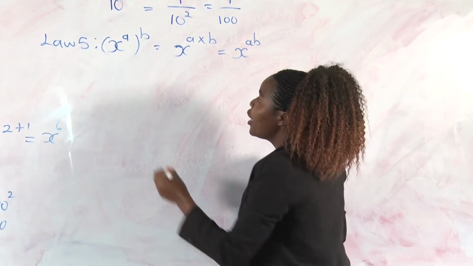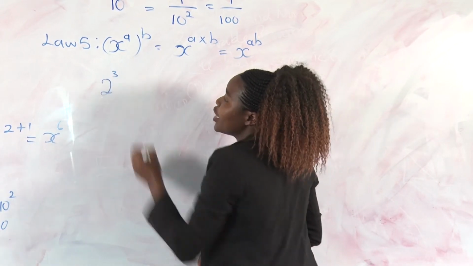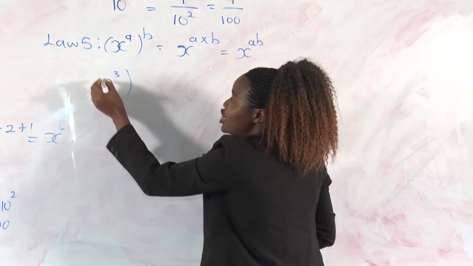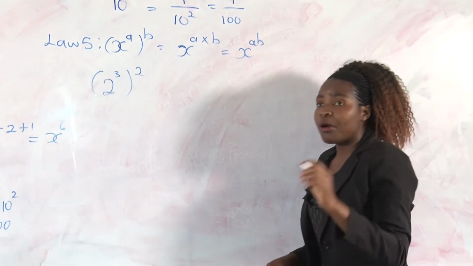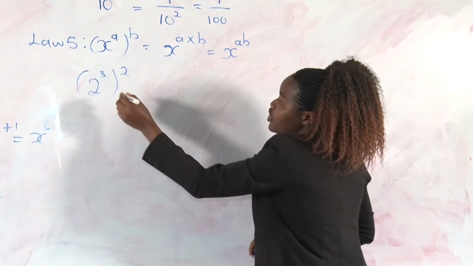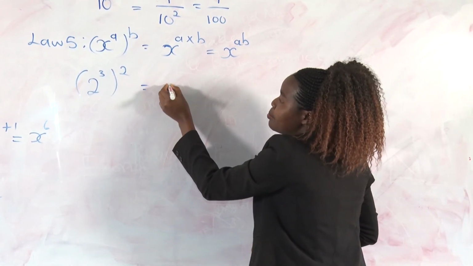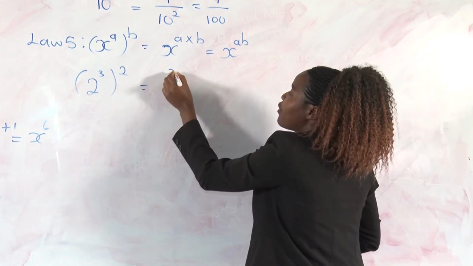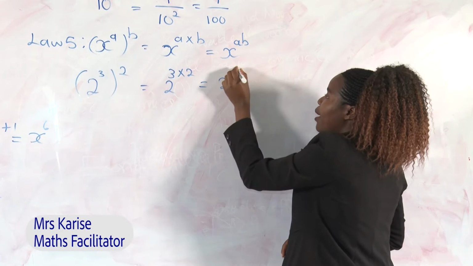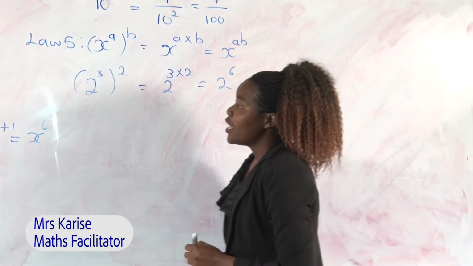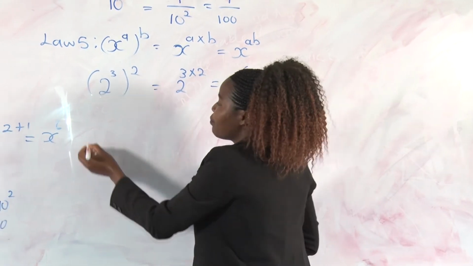For example, if it is 2 to the power 3 being raised to another power, let's say 2. Here you have to multiply the powers and return the base. So here it becomes 2 to the power 3 times 2. And our answer here is 2 to the power 6. Let's move on to law number 6.